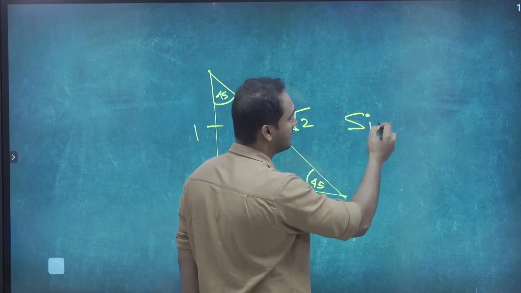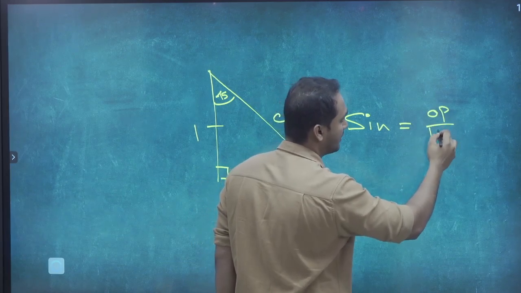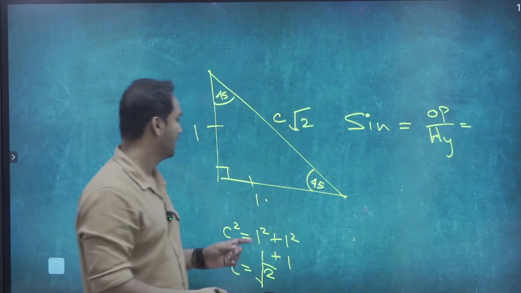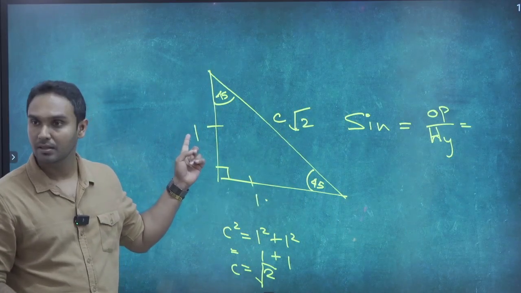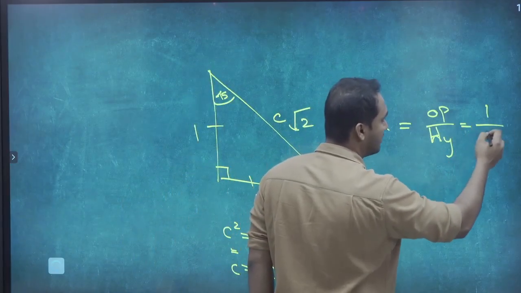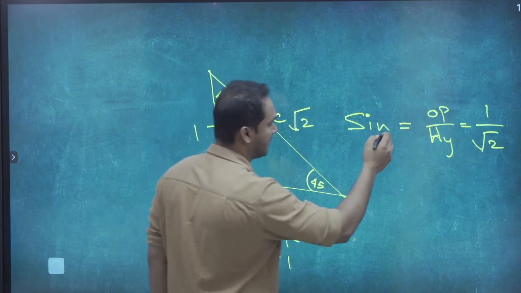Now tell me the sine value. Sine is what? Opposite over hypotenuse. So in this case the opposite is 1, the hypotenuse is √2. So that will be 1 over √2. That is sine 45.